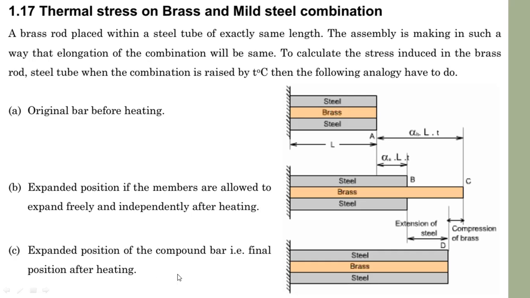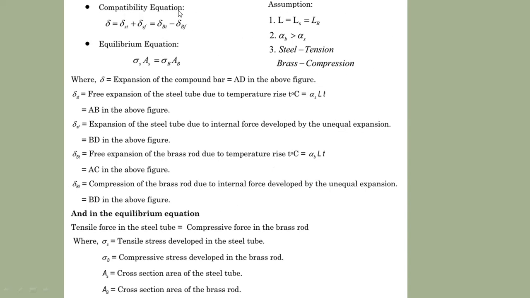So the compatibility equation: delta is equal to delta ST plus delta SF is equal to delta BT minus delta BF. Assumption: L is equal to LS is equal to LB, and alpha B is greater than alpha S. Steel in tension, brass in compression.